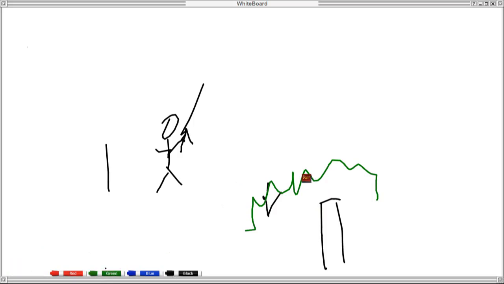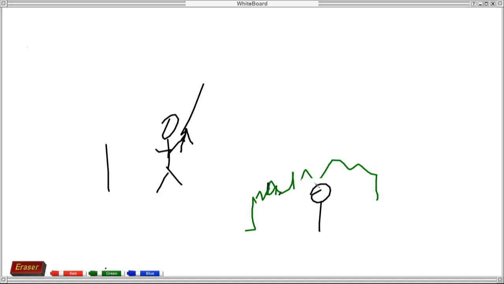Okay, let's say somebody is hidden in the bushes, and this person is trying to ambush this guy, or an army of people that are following him. What does he do?